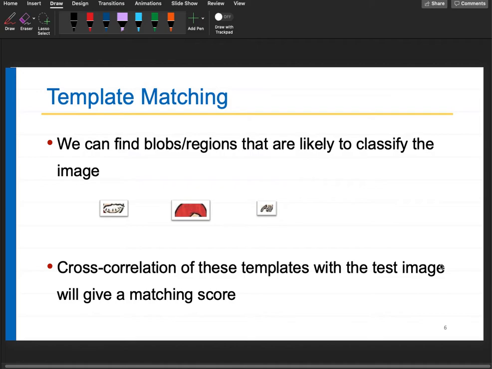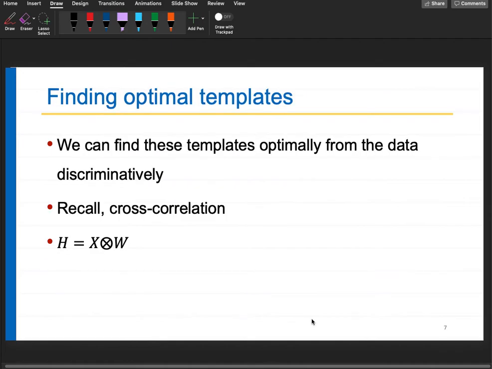We can find optimal solutions. But the idea is clear that cross correlation of these templates with the test image will give a matching score. If you combine all these matching scores, you can formulate a handmade rule: whenever the score is above this threshold, then most likely it is Chacha Chaudhary, right?